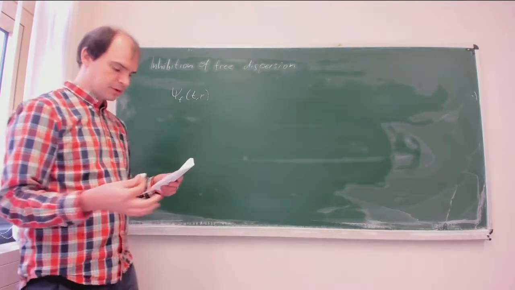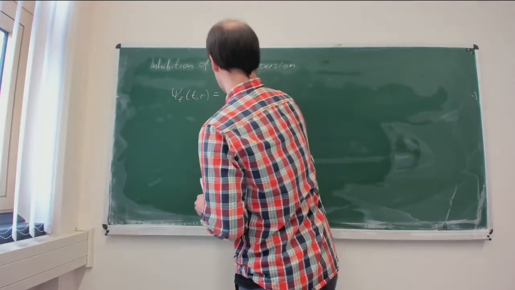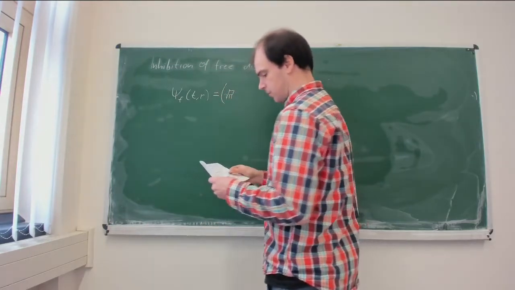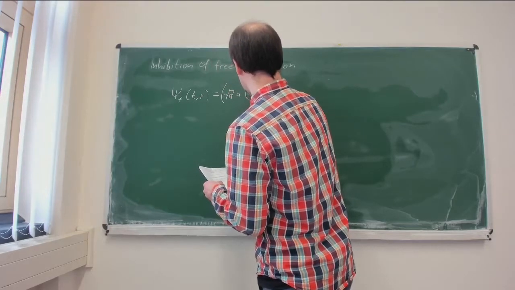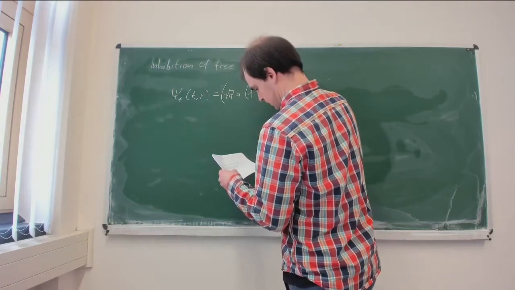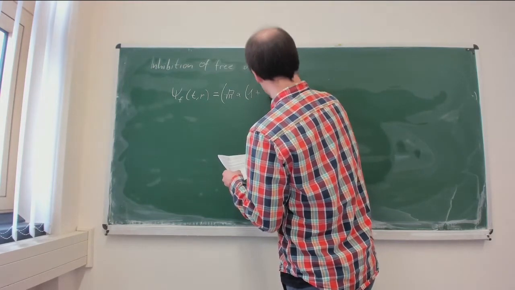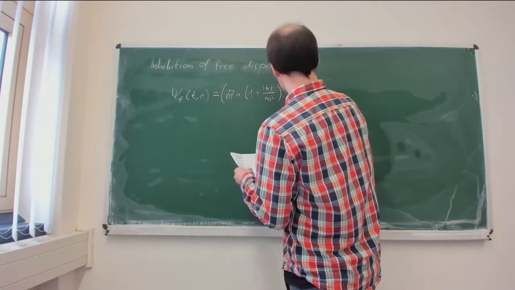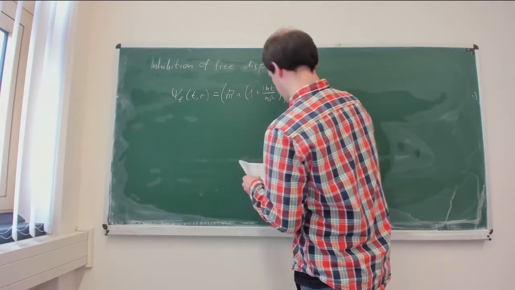It's spherically symmetric, so it has some width that we call a. Square root of pi times a, and then there is a time dependence of the normalization factor, 1 plus i h bar t divided by m a squared, to the power minus 3/2.